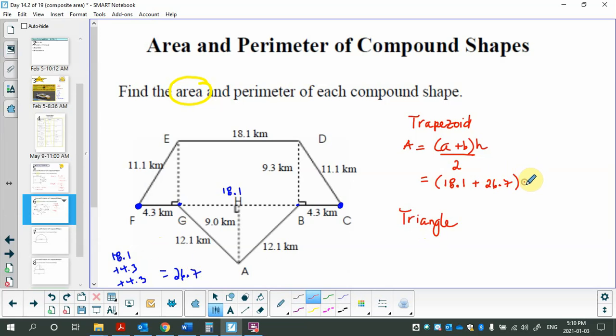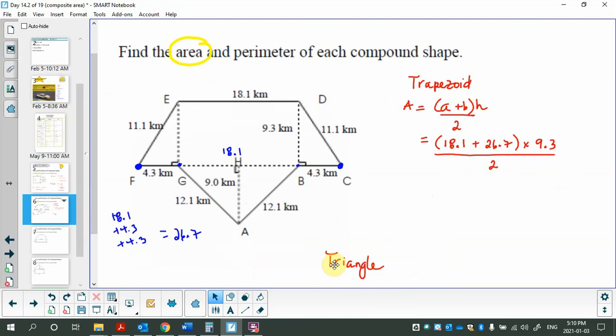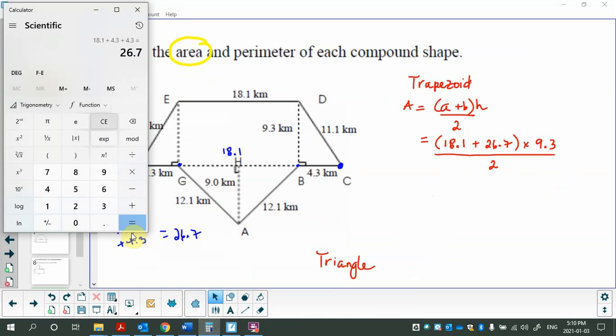I also need my straight up and down height, and my straight up and down height is this one because it's got the little box, and that's 9.3. That's over 2 because the formula says so. So I am right. I do need to move this business out of the way. So calculator, I need to do the 18.1 plus 26.7 first.